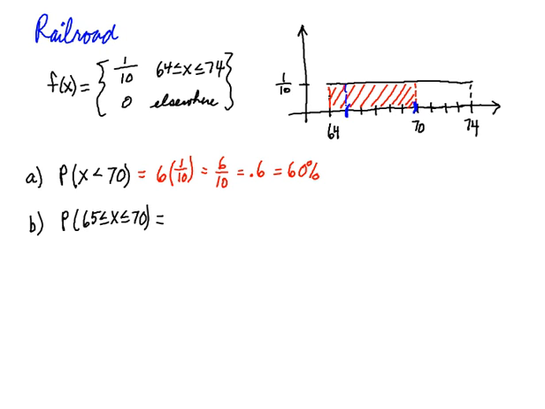So what is the area over this interval below the density function? I'm going to shade that in blue. And the probability will be that area. And 65 to 70, that's 5 units. And again, 1/10 to give us the area of that rectangle, which again is the probability. I'll have 5/10, or 0.5, which is also 50%.